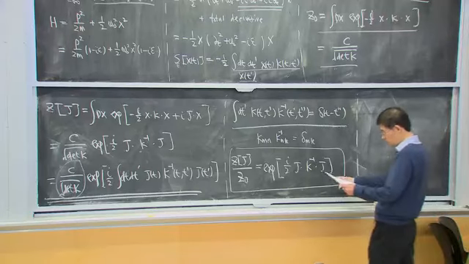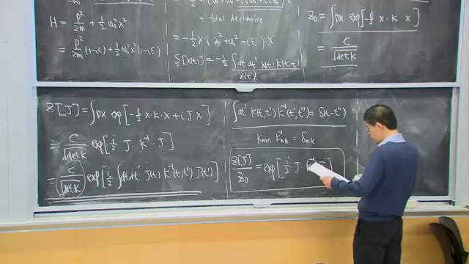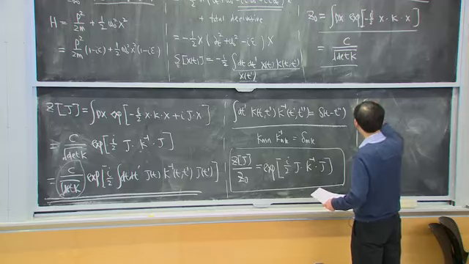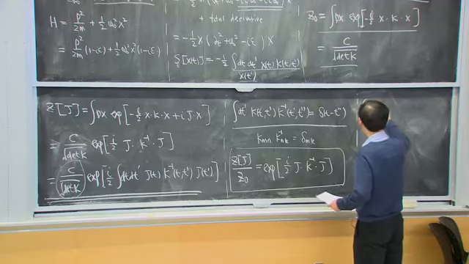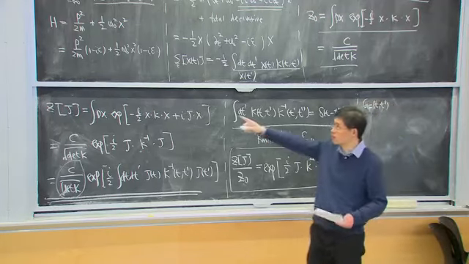So now let's consider the two-point function. The two-point function by definition should be the Feynman function, because this is the time-ordered product.